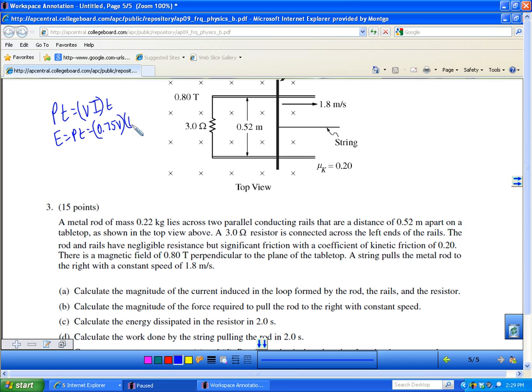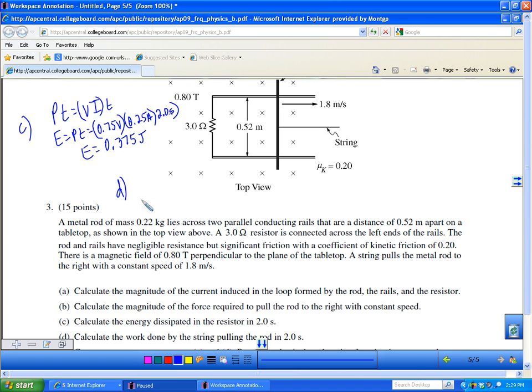The current was 0.25. We're going to let this run for 2 seconds. So we're going to get 0.375 joules as our energy. And so that was C.